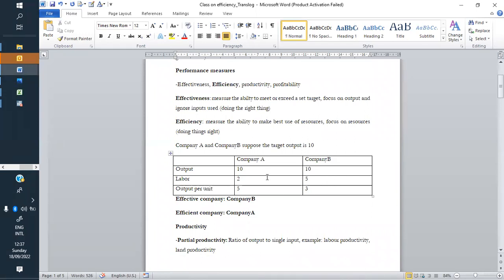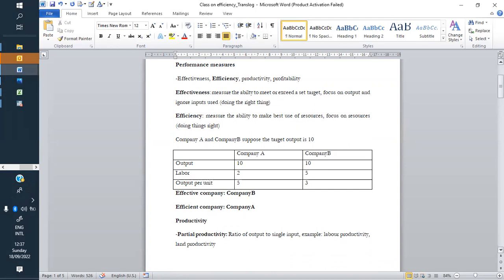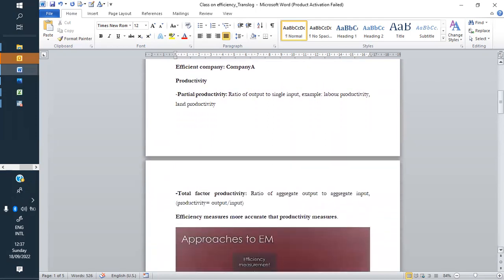As you can see, the target output is 10 at company A and B. They both reach the target, but only company A minimizes the inputs, which makes this company efficient. The other one is effective, since it can reach the output, but it does not focus on inputs.